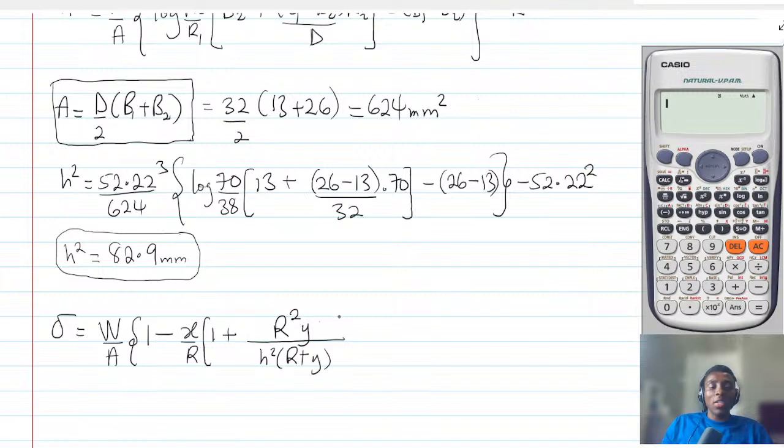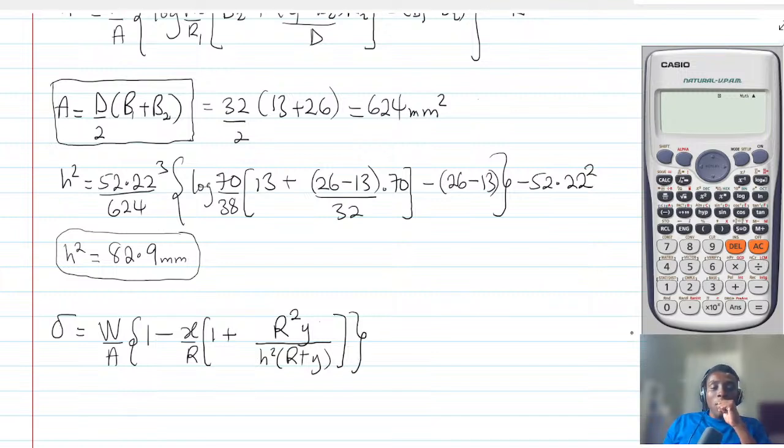It looks similar to the equation we used earlier on, but with some slight modification.